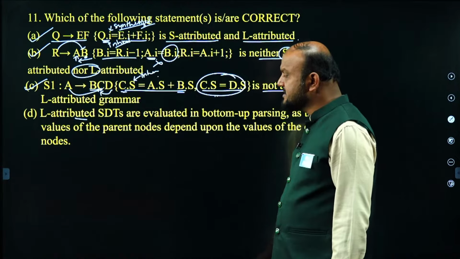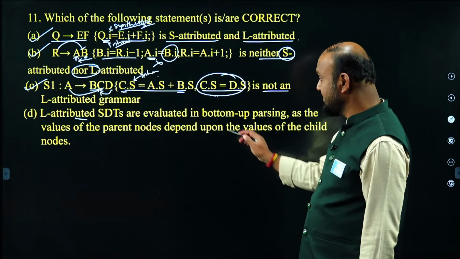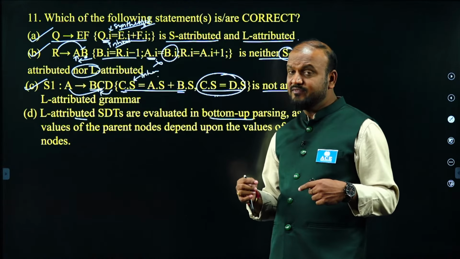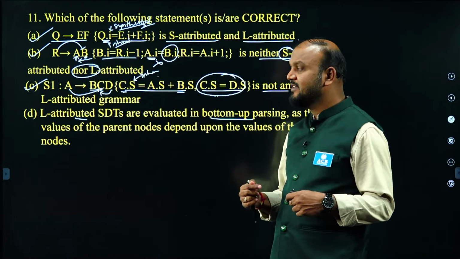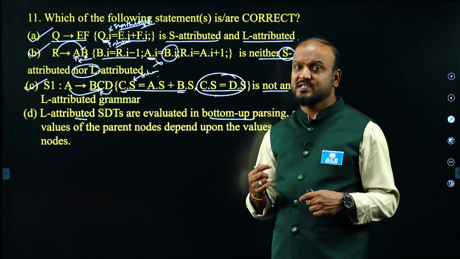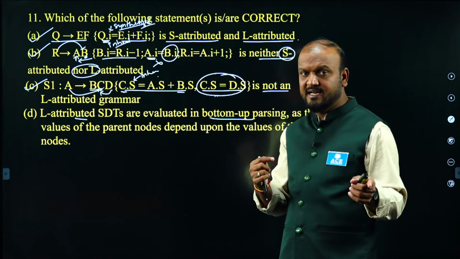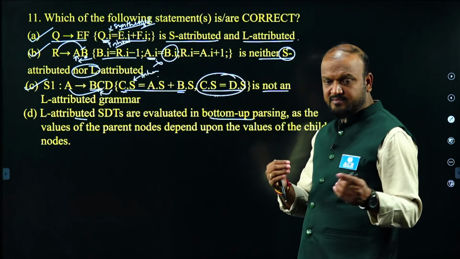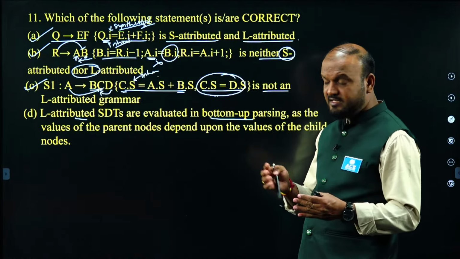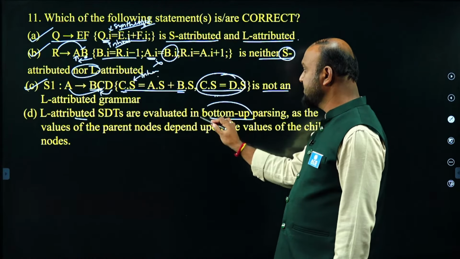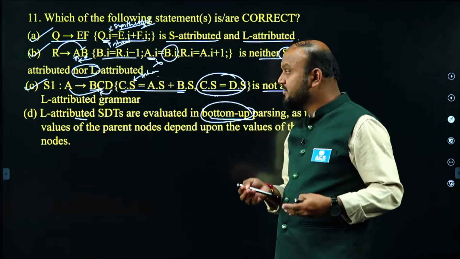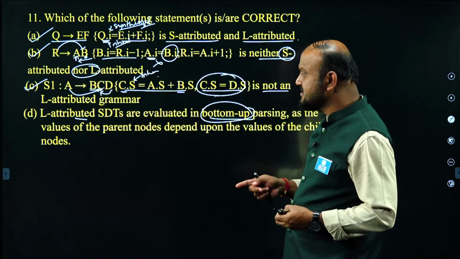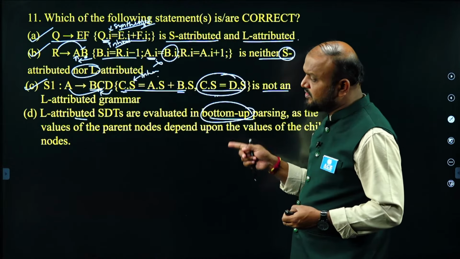D says L attributed SDTs are evaluated in bottom up fashion. But L attributed definitions are not evaluated from the bottom, because they derive inherited attributes from the parent and left sibling, which means top to bottom and left to right, but not right to left. Bottom to top is required by synthesized attributes.